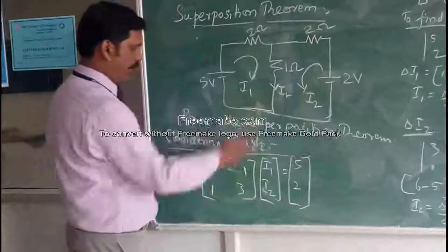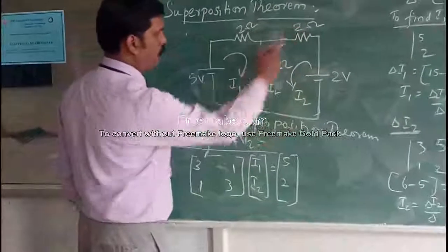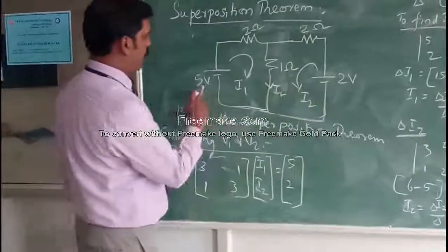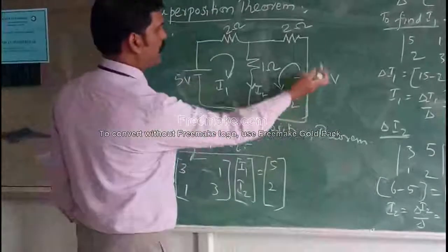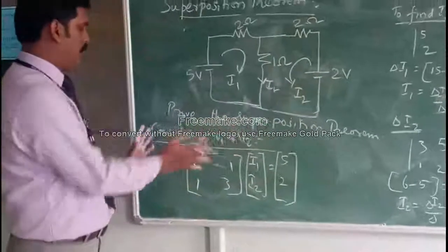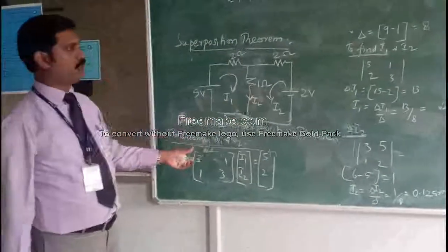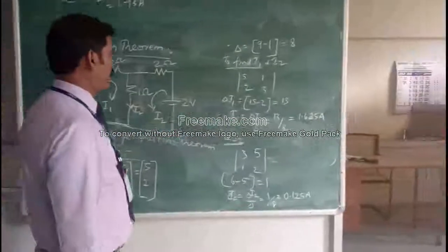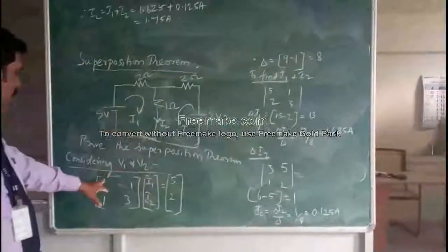Again the same common resistance, 1, and the resistance in this loop is 2 plus 1, 3. The current is coming out of the 5 volt source, so 5 is positive, and the current is coming out of the second source, 2, so it is positive. So this is the matrix considering both voltage sources. After this, I can solve using Cramer's rule to find I1 and I2. So del is simply 9.